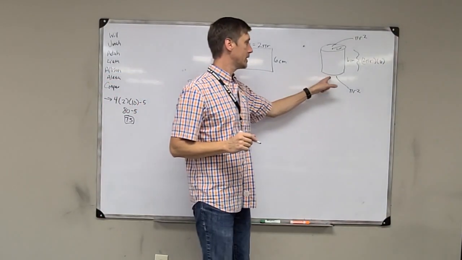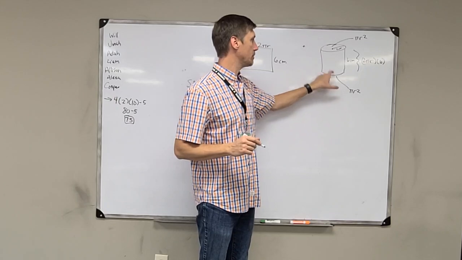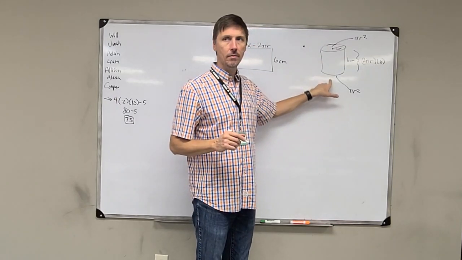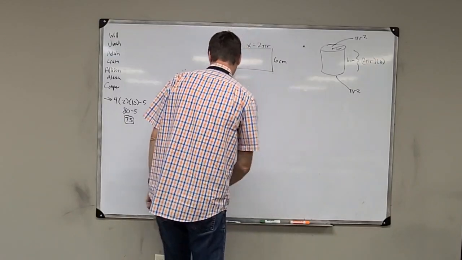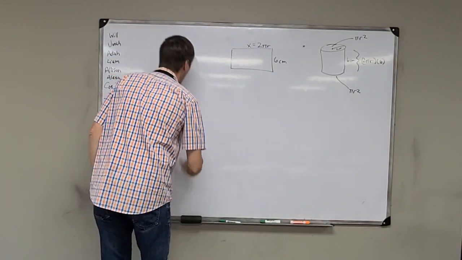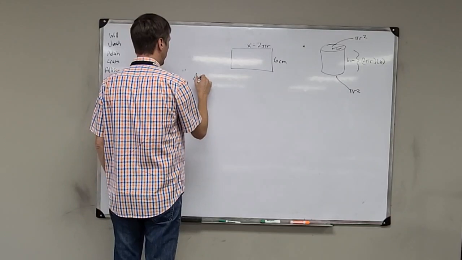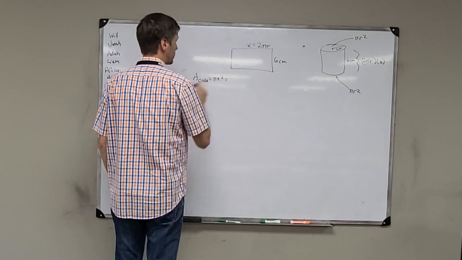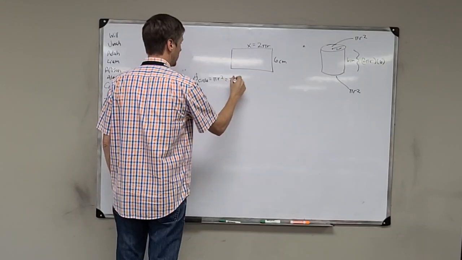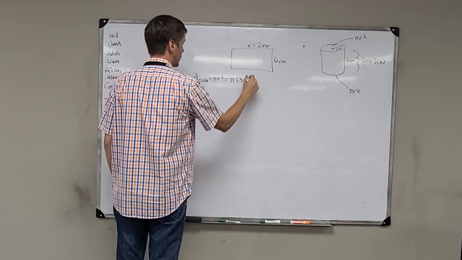Now, since this length is exact, since these shapes on the top and the bottom are exactly the same, then we could say that the area of the top and bottom, we'll say the area of the circle. Let's just do the area of the circle first. Pi r squared. That's going to be pi times 3 centimeters squared.